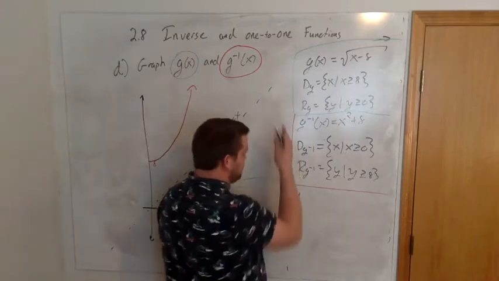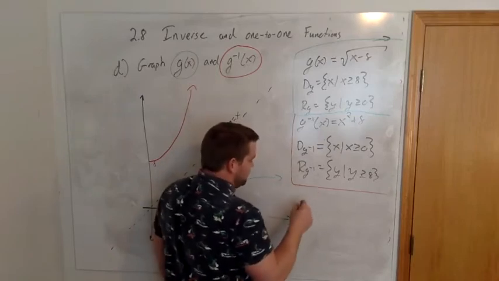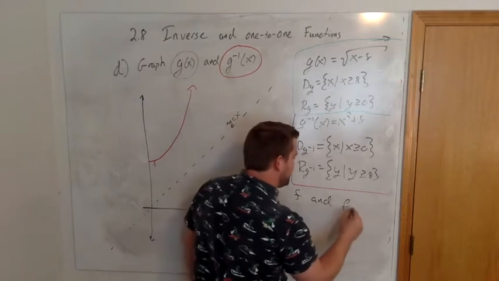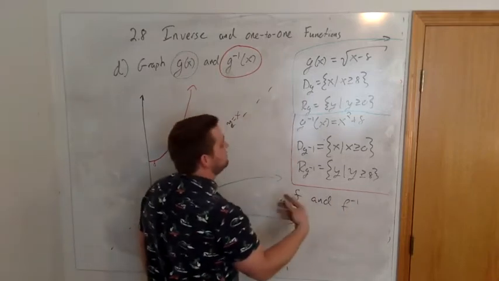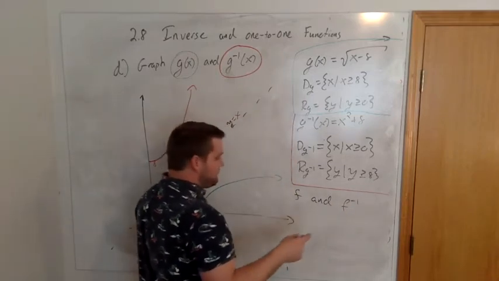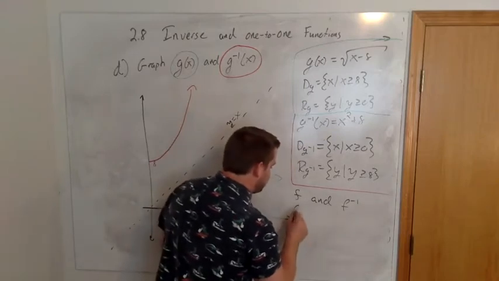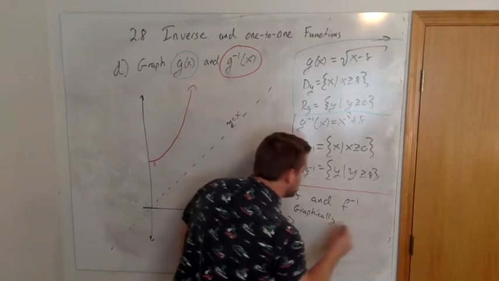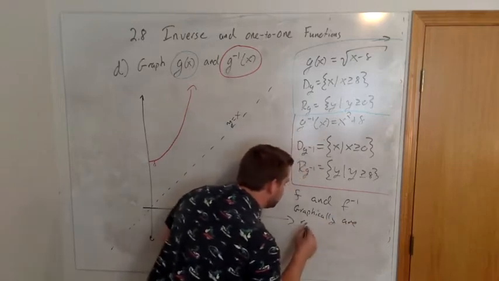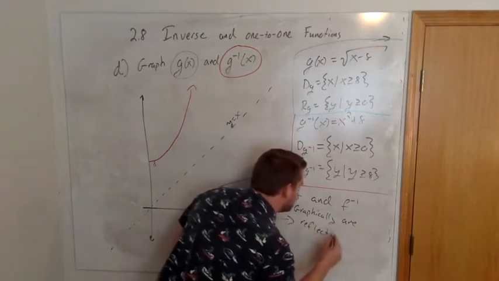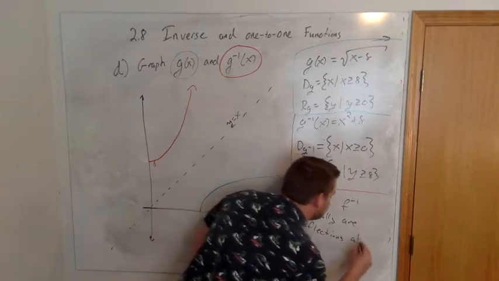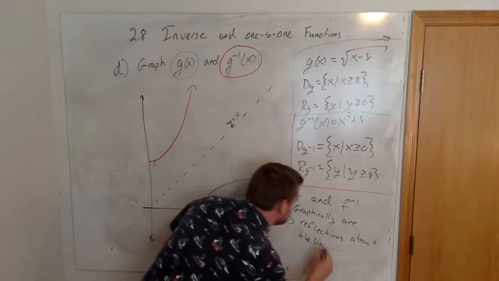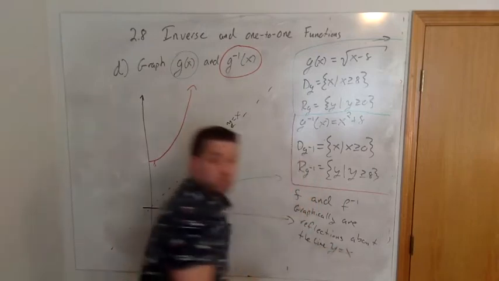Any function, not just this function, any function f and f inverse, I could put g and g inverse, it could be any function, name it what you want. f and f inverse, graphically, are reflections about the line y equals x. This will always be true.